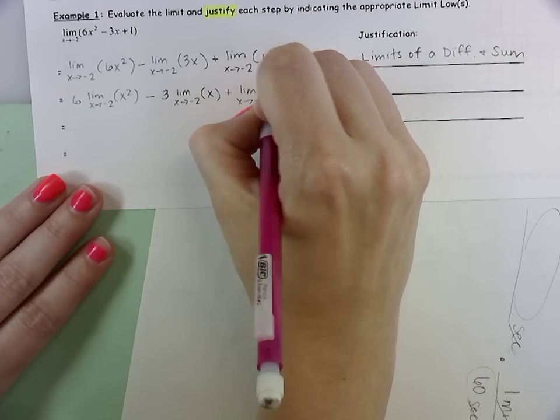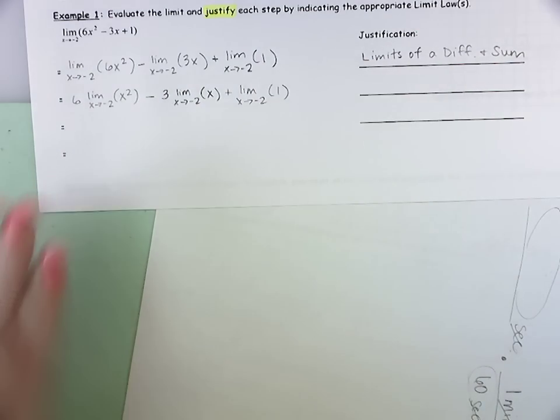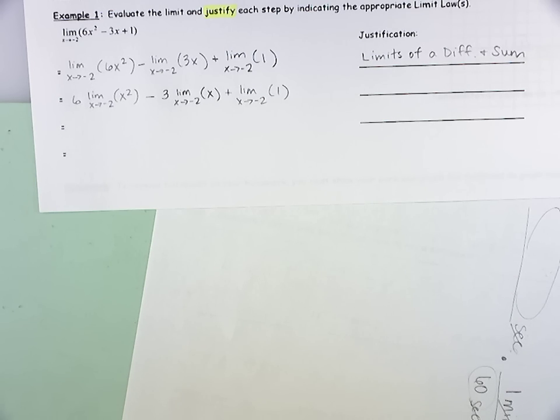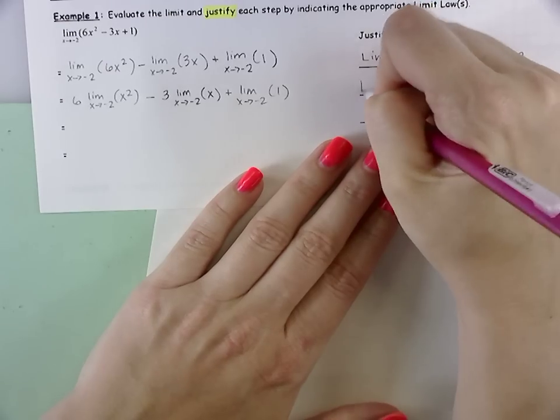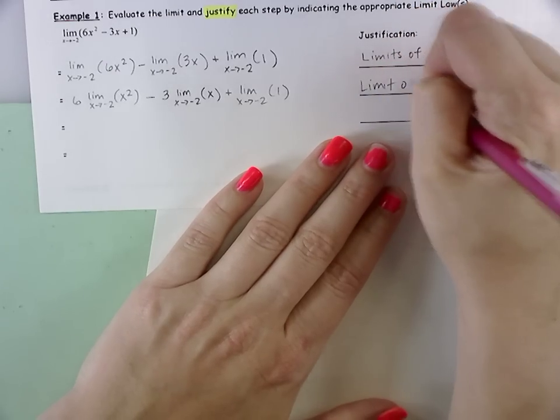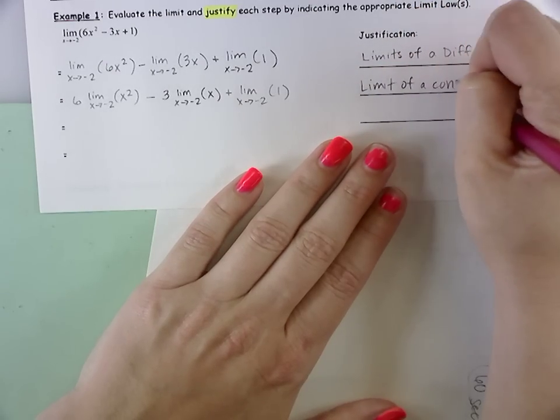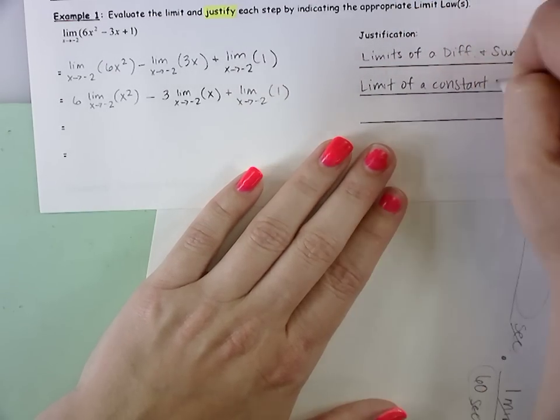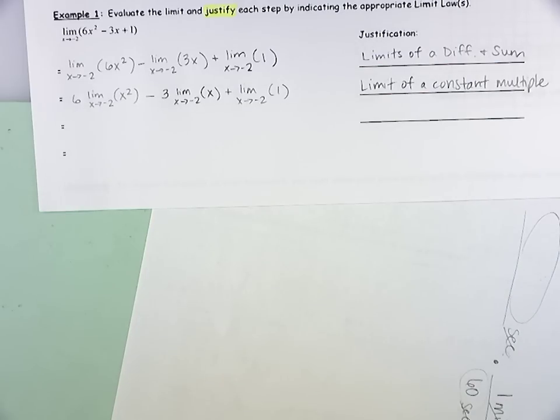Okay, and this is already just a constant, so we can go ahead and leave that. So then we've already talked about this is going to be the limit of a constant multiple.